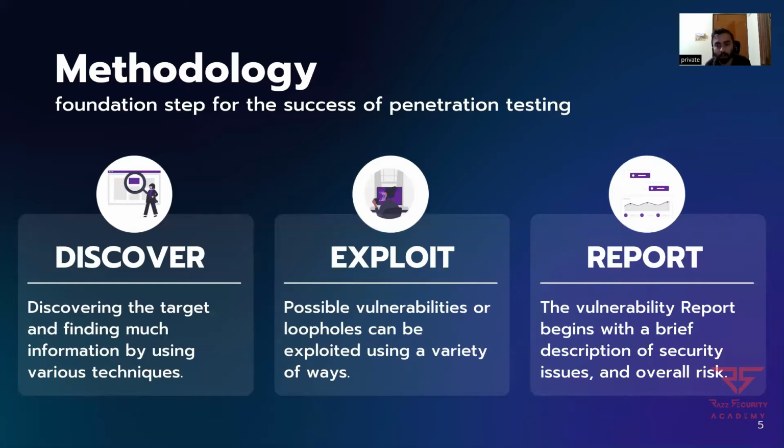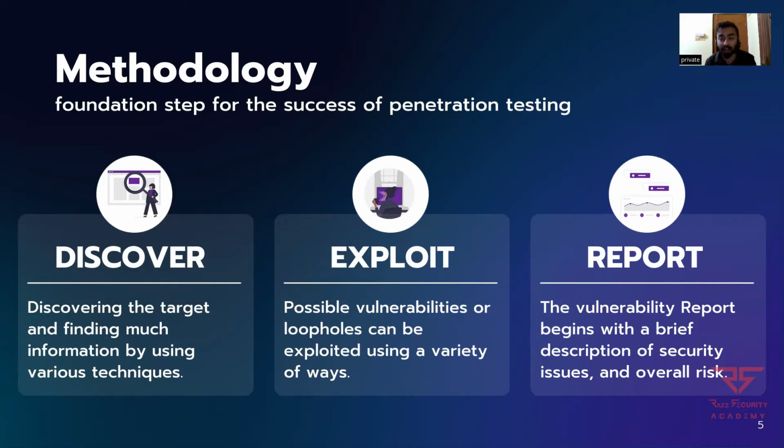The vulnerability report begins with a brief description of security issues and overall risk. So POC, we can also call it proof of concept, which makes clear that our organization has weaknesses, so we have to make it secure. And there will be different types of reports.